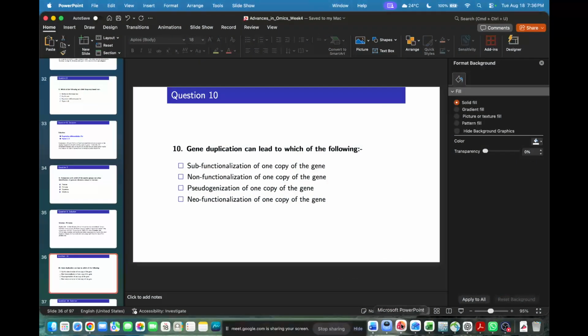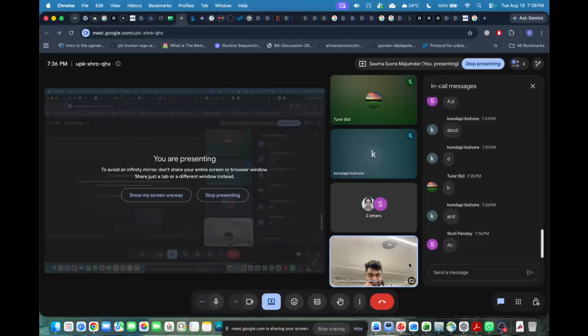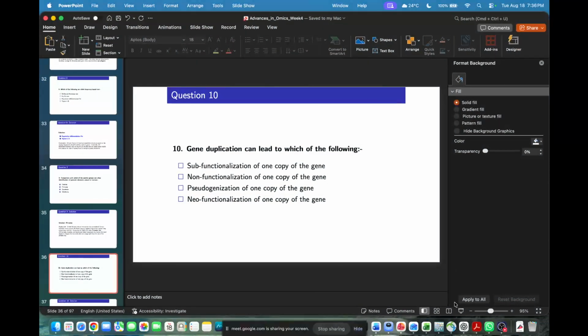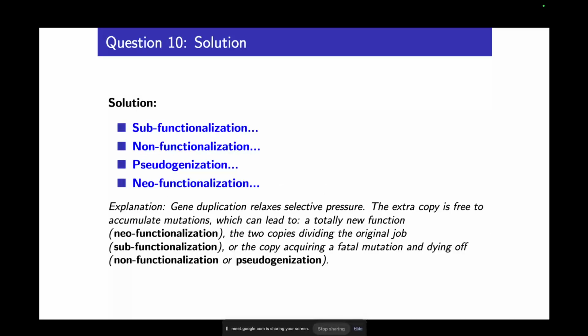A, C, D. Why not B? What is wrong with B? Actually, the answer is everything can happen. Like non-functionalization can happen as well. Like you have a whole genome duplication, one copy of the gene is active, functional, the other copy is non-functional. Can happen, right?